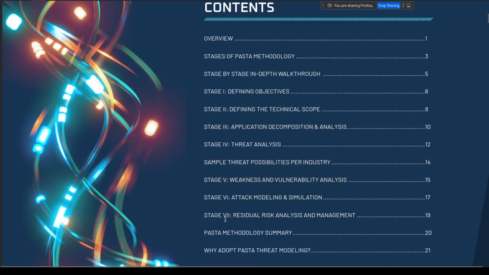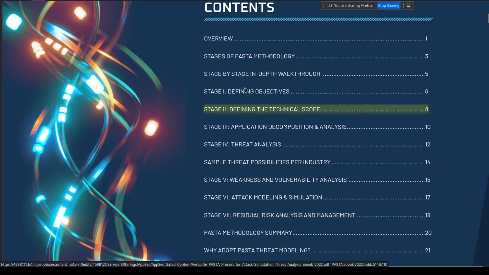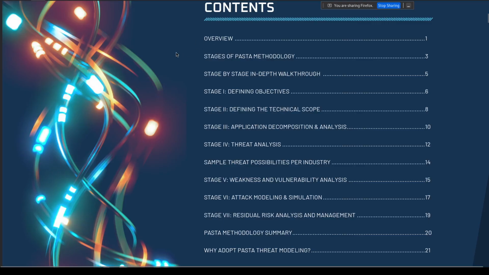Yeah, let's get into PASTA. So PASTA stands for Process for Attack Simulation and Threat Analysis. I felt that this should be named first with threat analysis, and then it needs to go with attack simulation, because first we need to perform threat analysis in order to identify attacks, and then only we can do attack simulation.